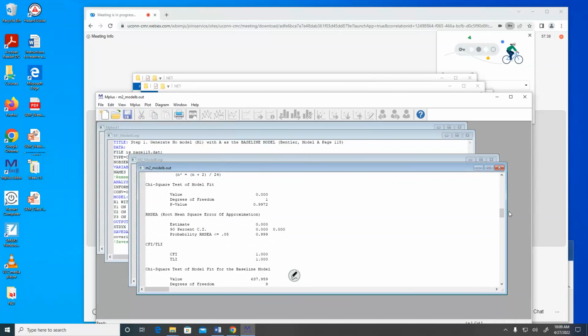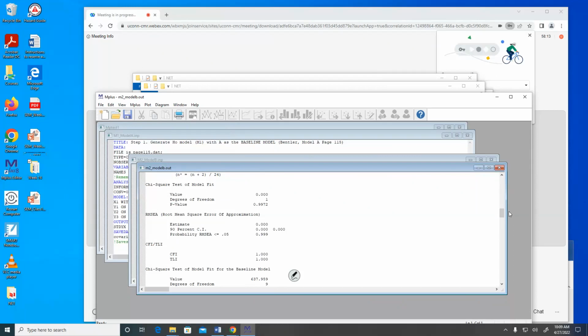What do you notice? It's 0. It's like perfectly 0. So what does that tell us? Yeah, these two models are nested, right? Different degrees of freedom, but when I use the model implied variance covariance matrix from that more restricted model, and I do this more parameterized model, it fits perfectly. So these two models are nested.